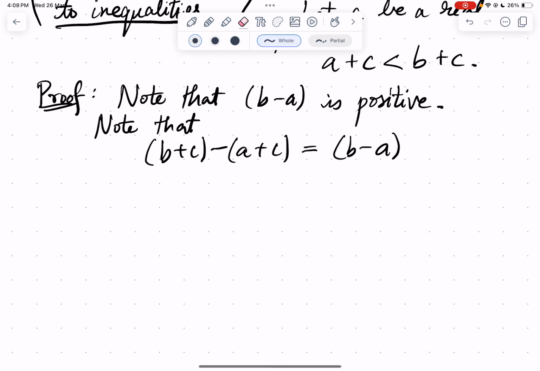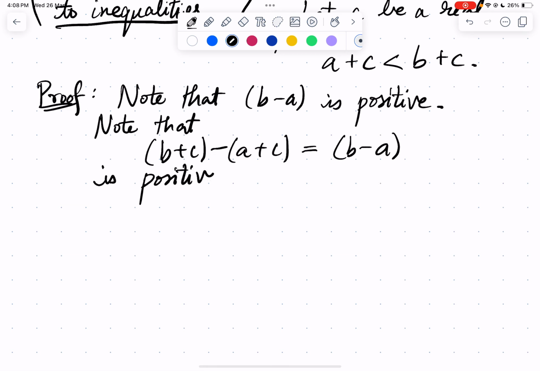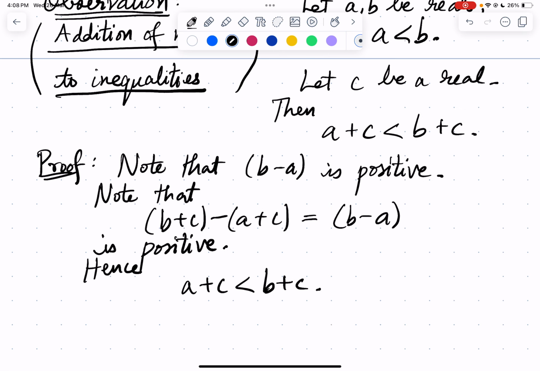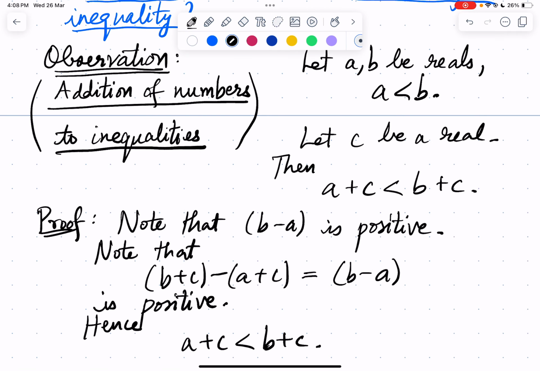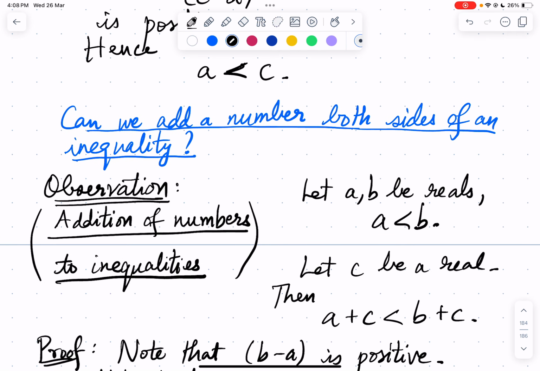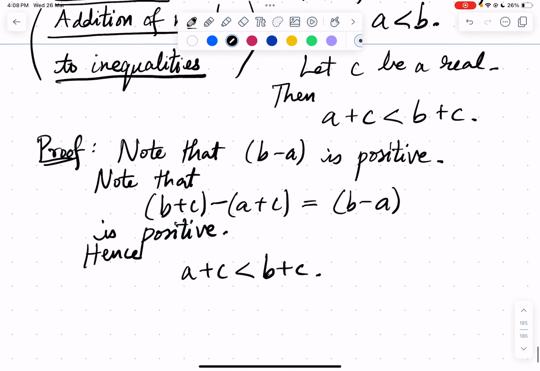So this quantity is positive. Hence, a plus c is less than b plus c. If you consider this quantity, this is also b minus a, which is positive. Hence, a plus c is less than b plus c. A less than b implies a plus c is less than b plus c. Can we add a number to both sides of an inequality? Yes, we can.